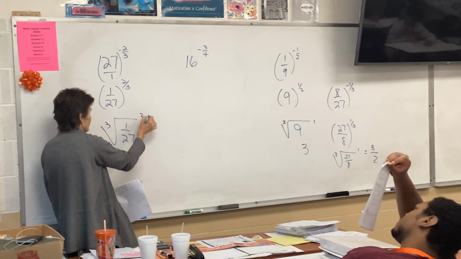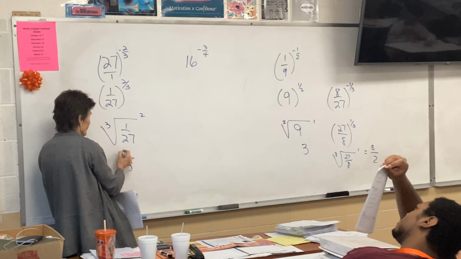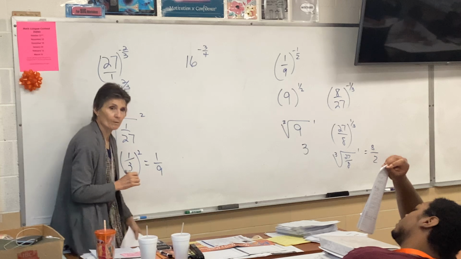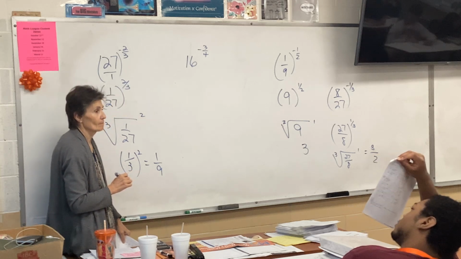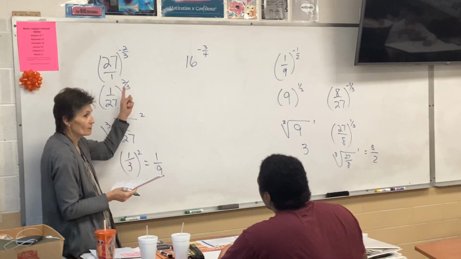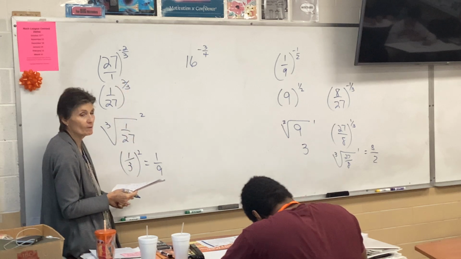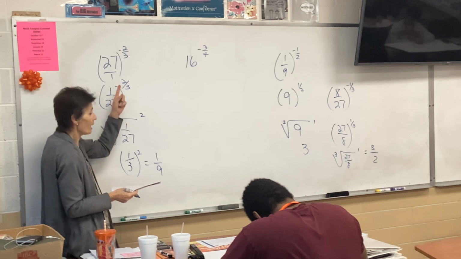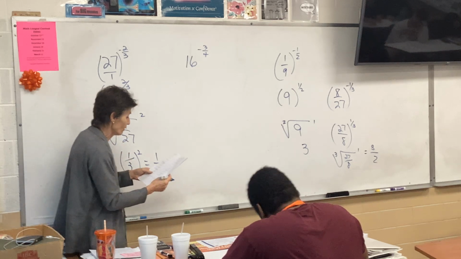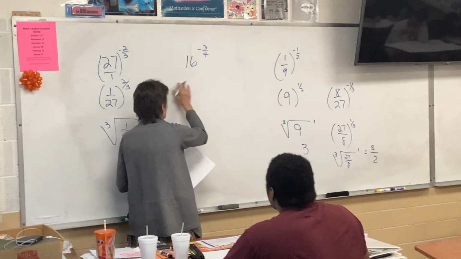Willow, I think I heard you say 1 over 9, and you are right. Anybody have a question about where 1 over 9 came from? Again, lots of steps. Take it one step at a time, and they're really not that hard. Okay, how about the next one?